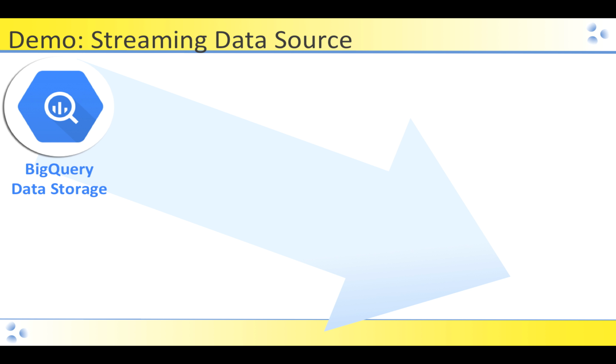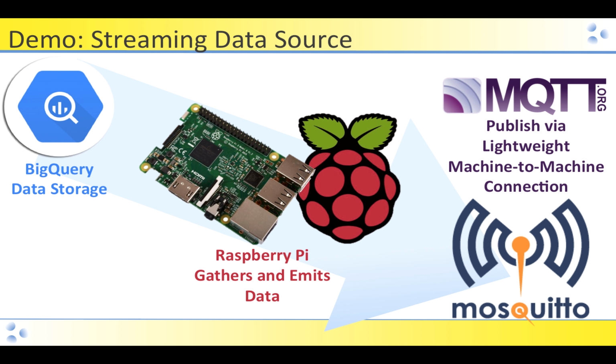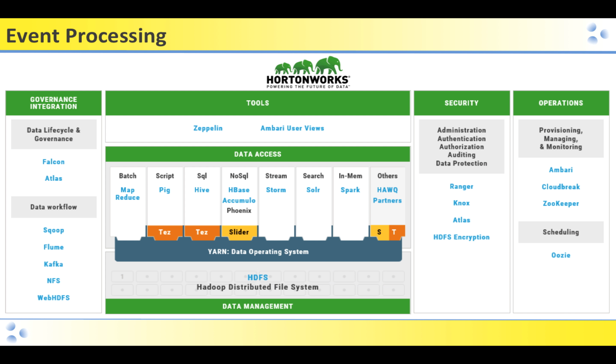The data store comes from Google's BigQuery database. I pull it via the Raspberry Pi, using that as my stand-in for my device in this IoT demonstration. And then it will send the information over the MQTT protocol to my hub, sending each event as I talked about earlier: geographical information and the average round trip time.